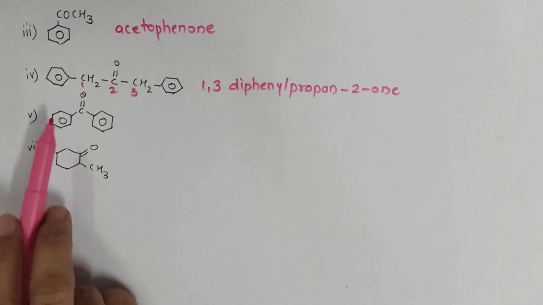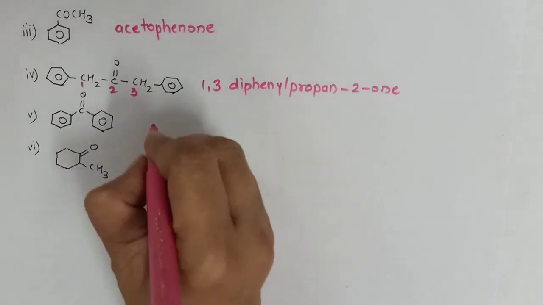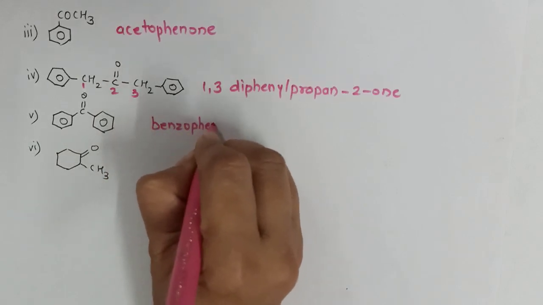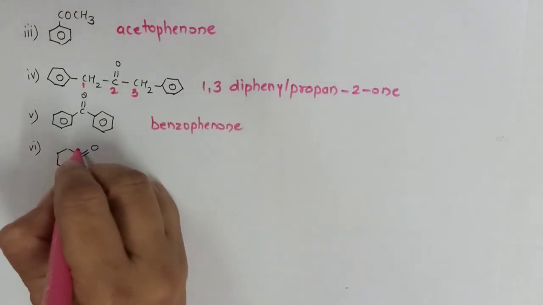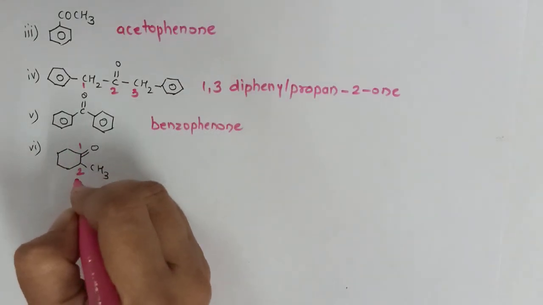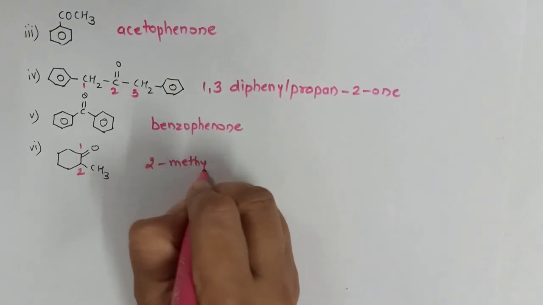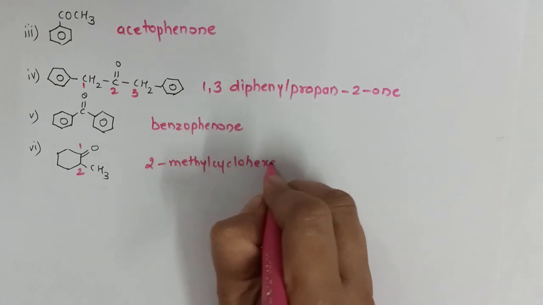In the next example, two benzene rings are joined by a ketonic group, and that is called benzophenone. Now next, with a substituent, numbering will start from here 1, 2, and that will be named as 2-methylcyclohexanone.